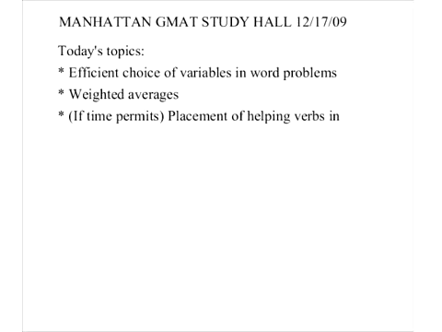So this is a little bit of an advanced topic, but it's very cool. And then looks like the last line here was cut off, just let's say comparisons. So if time permits, we'll talk about a sentence correction topic, which is the placement of helping verbs in comparisons.